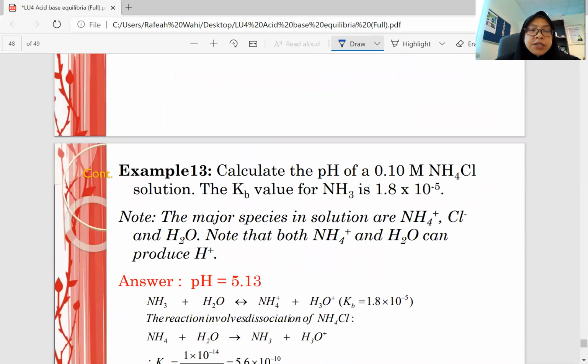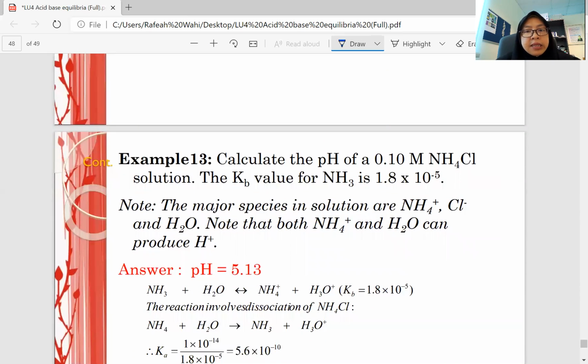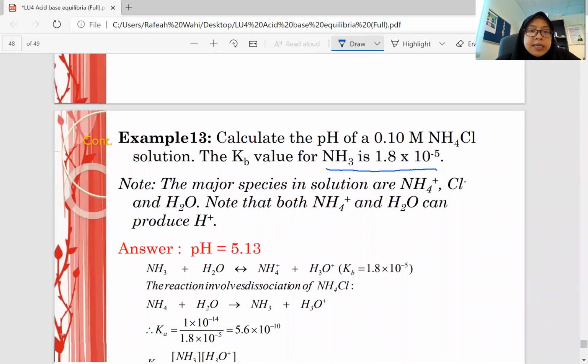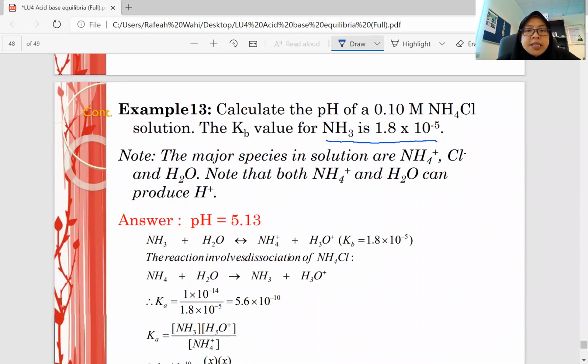Now, if you look at the question here, example 13: calculate the pH of a 0.1 molar ammonium chloride solution. The Kb value for ammonia is 1.8 times 10 to the power negative 5. In this case, take note that the major species in solution are the ammonium ion, chloride ion, and water.